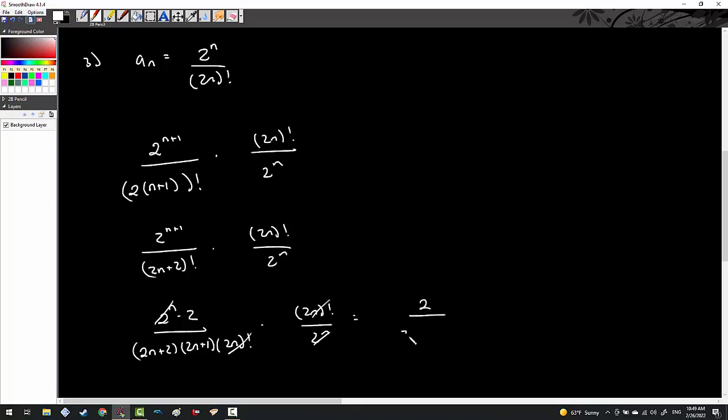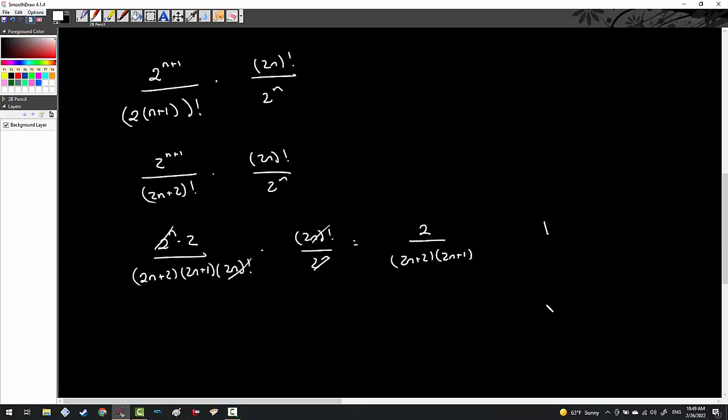So I have 2 over (2n plus 2)(2n plus 1). And of course, if I compare this to 1, if I plug in the lowest thing that I can, which is even 0, I would get equal to 1. But if I plugged in 1, this thing would be less than 1, which means this is going to be strictly decreasing.